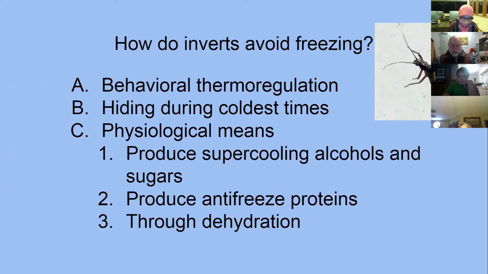It's kind of like, you know, you put salt in water and you can depress the boiling point. And so you add these chemicals, you have to expend energy to produce them, but they will help you to keep the fluid around the cells from freezing. So you're actually depressing the freezing point with these things that you produce.